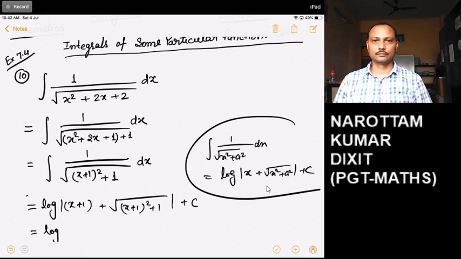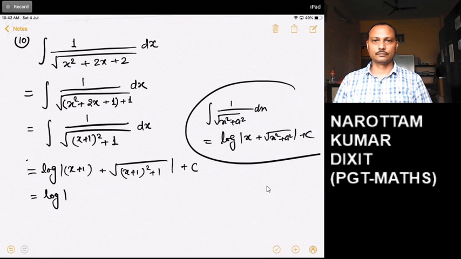That is log of mod of x plus 1 plus under root x square plus 2x plus 2, plus c. So in this way, by making perfect square, we can solve the questions easily.